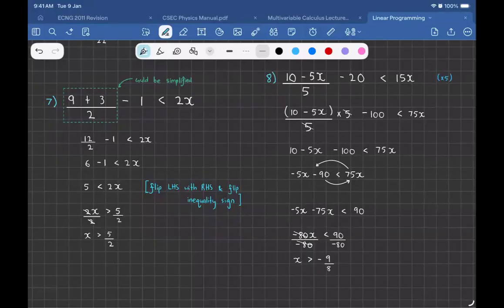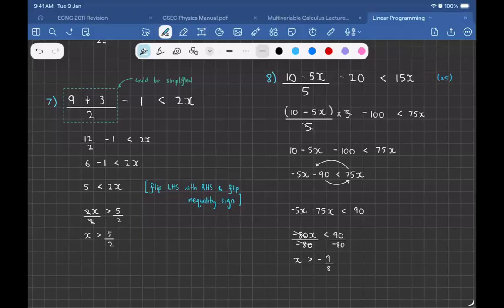Sahara, anytime you're given the equation of a line and they ask you to sketch the line, how many points do you need to sketch the line? 2 points. And what are these 2 points we usually find? X and Y intercept.